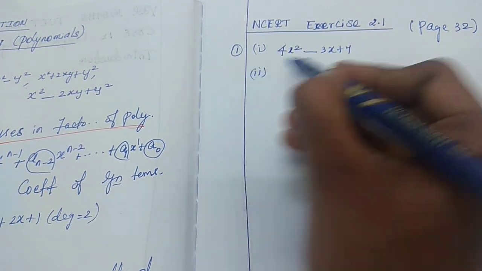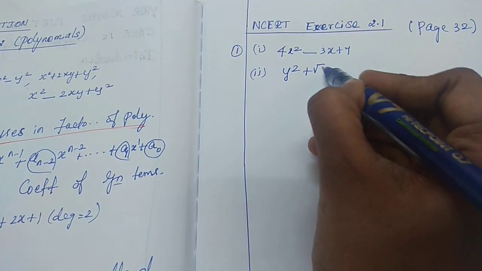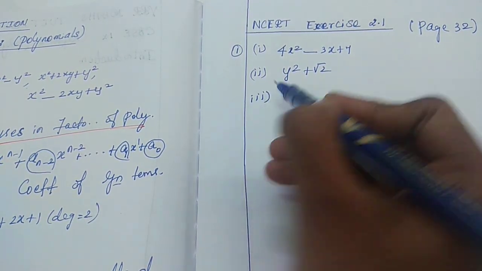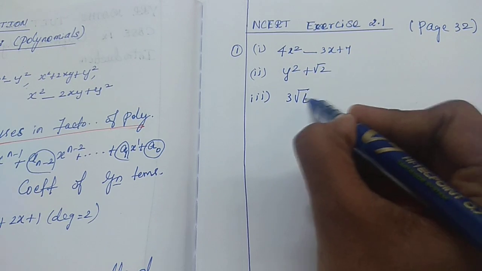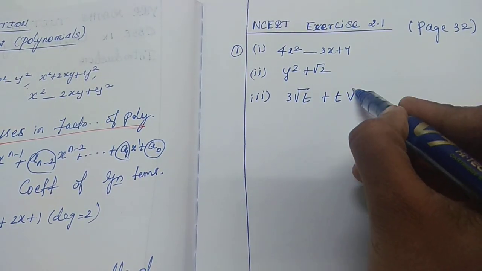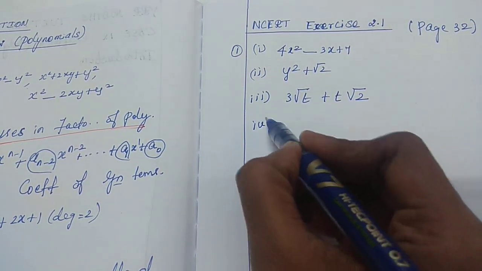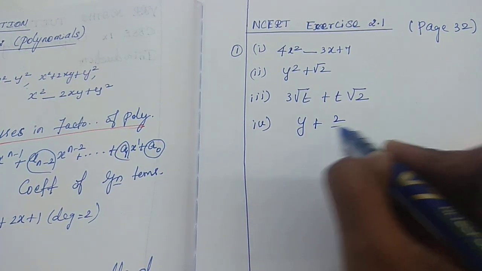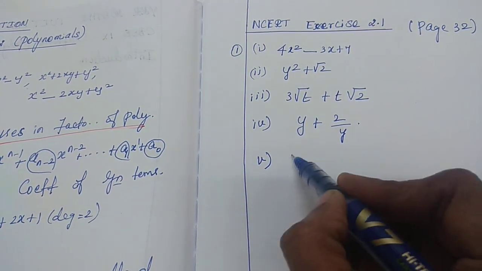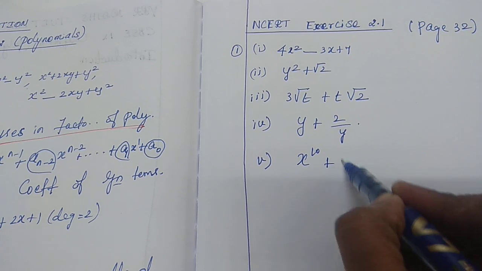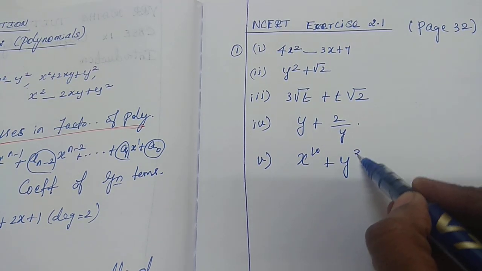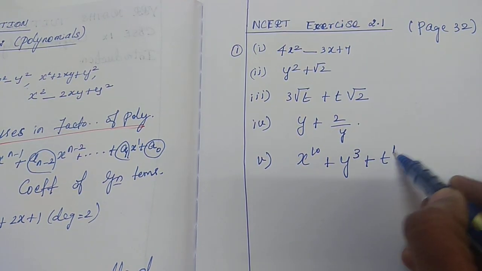Then division number 2 is y square plus root 2. Division number 3 is 3 root t plus t into root 2. Division number 4, y plus 2 by y. And division number 5, x power 10 plus y power 3 plus t power 50.